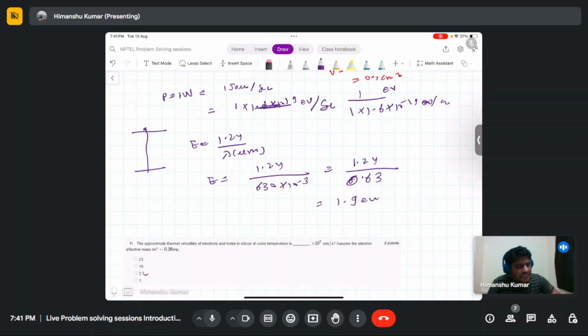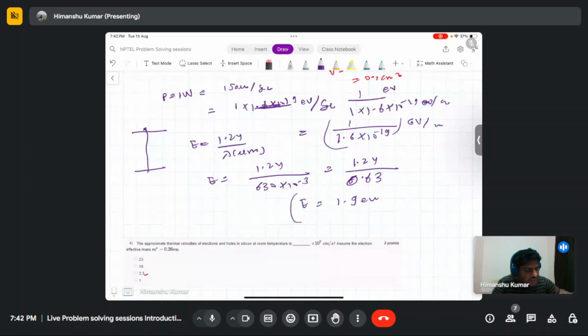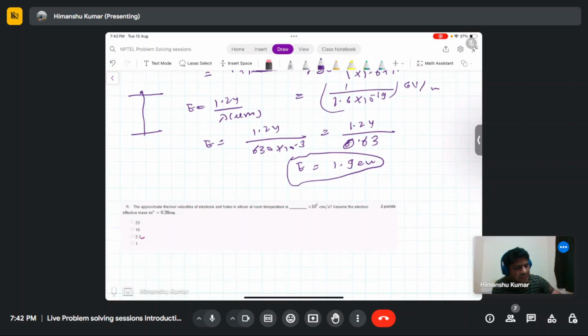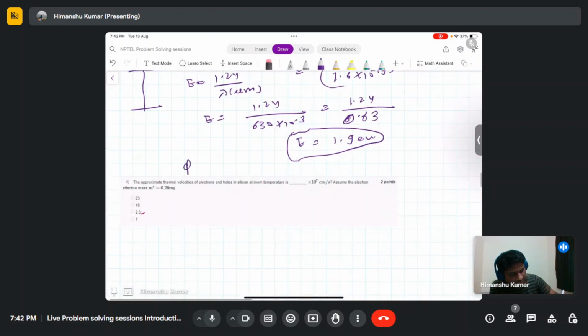So the energy rate in electron volts per second is 1 upon 1.6 into 10 power minus 19, and the energy of one photon is 1.9 electron volt. To get how many photons are in this much energy rate, we need to divide by the energy of one photon. So the photon rate phi equals 1 over 1.9 into 1.6 into 10 power minus 19 photons per second.